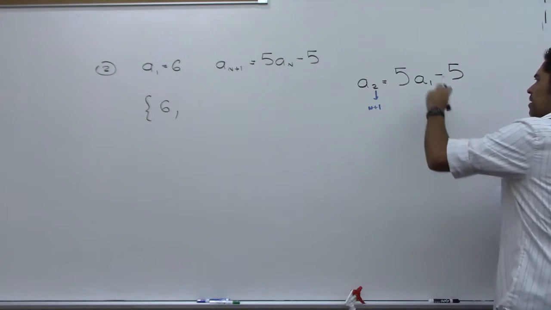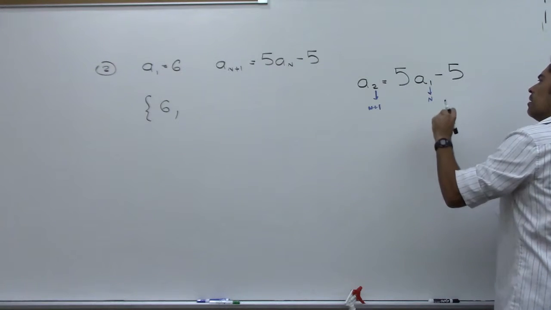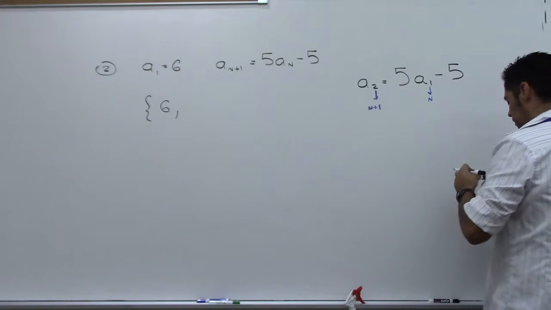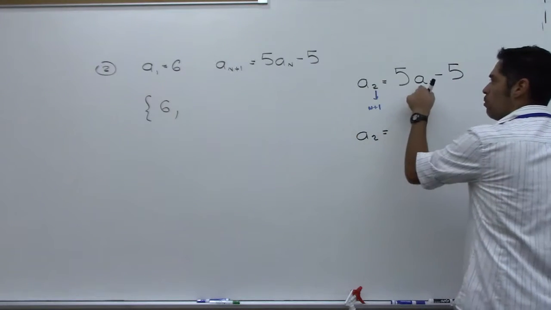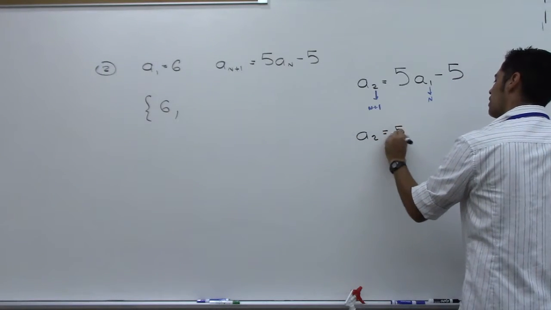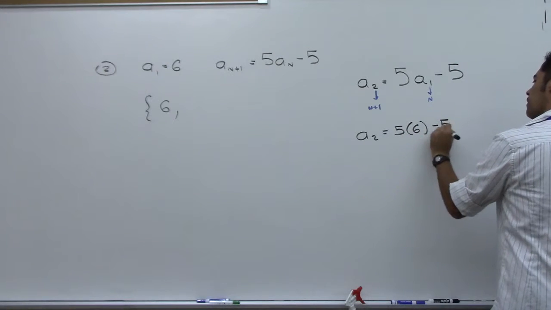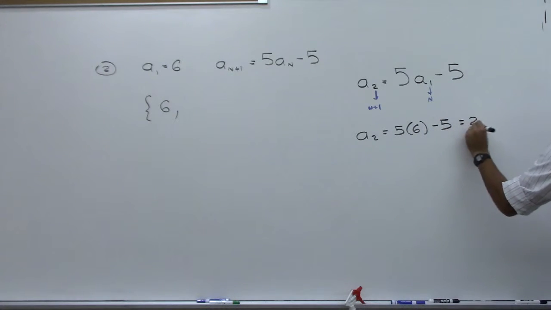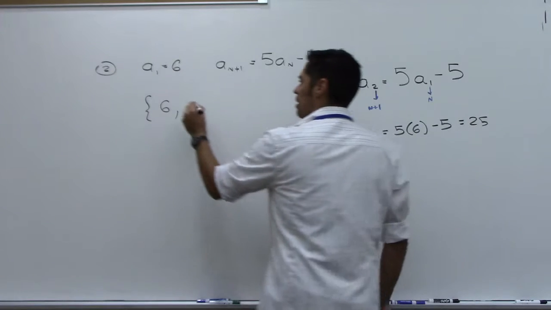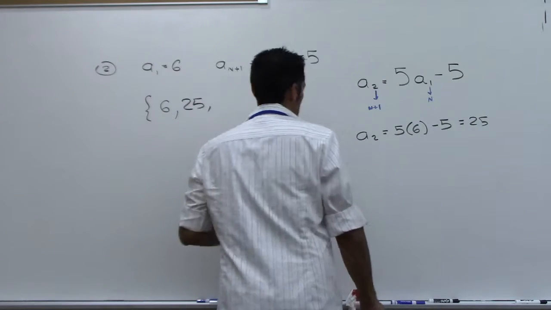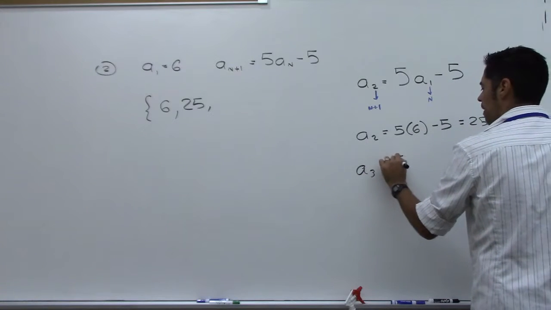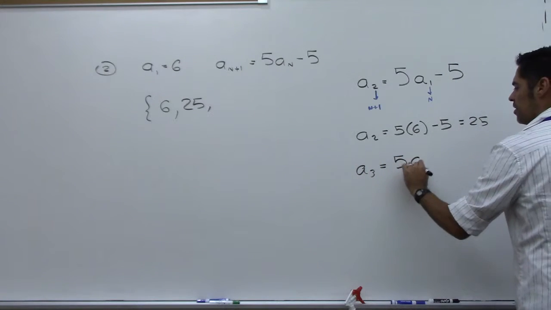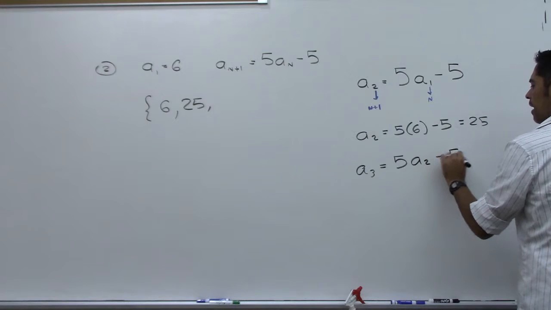So this one is the nth number, and this is the n plus 1 number. So I know already what a sub 1 is. A sub 1 was defined to be 6. So 30 minus 5, 25. So the second number is 25. And then to get the third number, I'm going to do 5 times the second number minus 5.